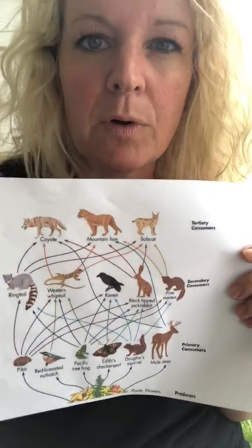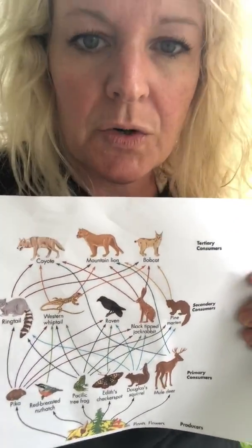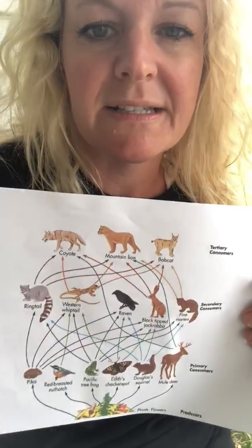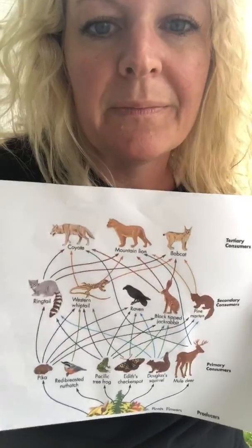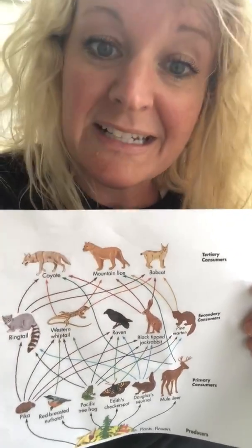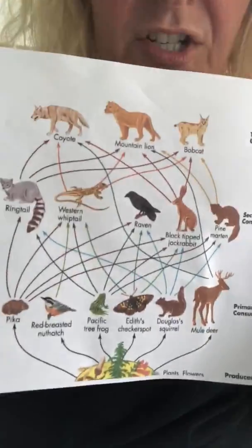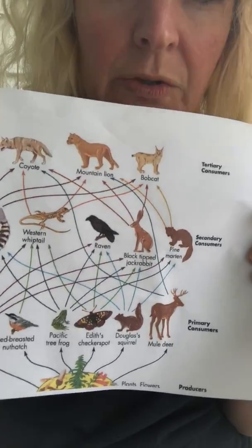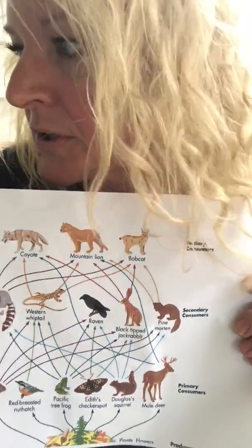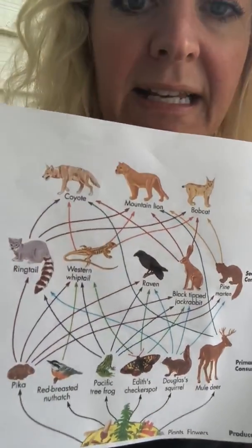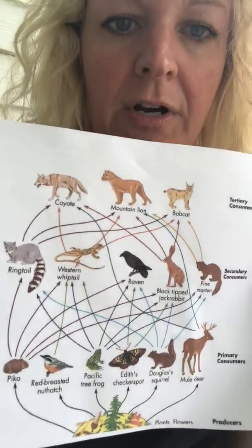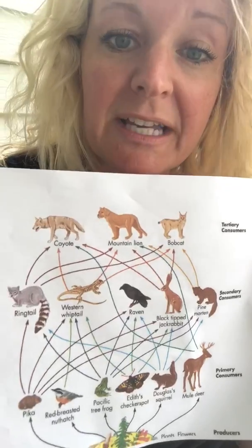So it's a little bit more accurate because it shows all the different living things in a habitat that could be eaten or eat other things. So just like the food chain, and it's kind of cut off a little bit, but you can see at the bottom it does start with producers. It starts with those plants. And then the things that eat the plants are that first row, and you can see right there, primary consumers.